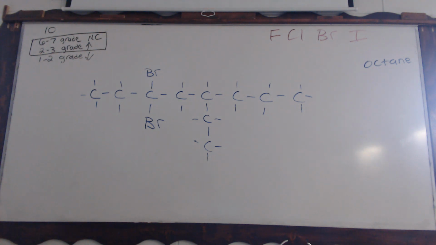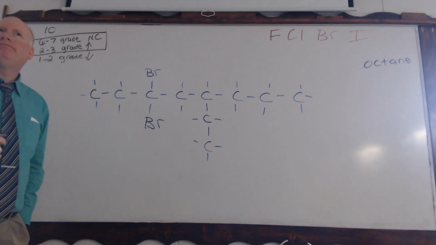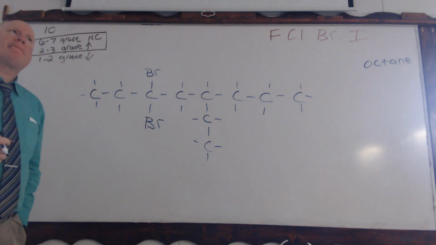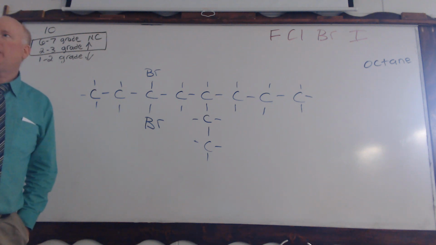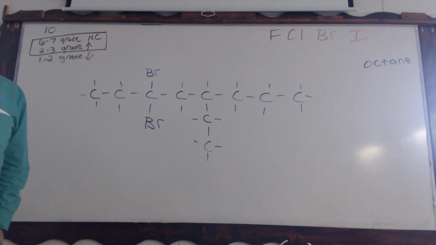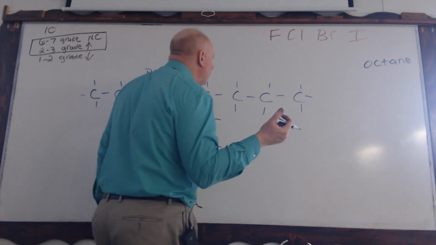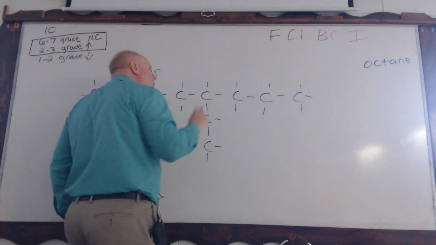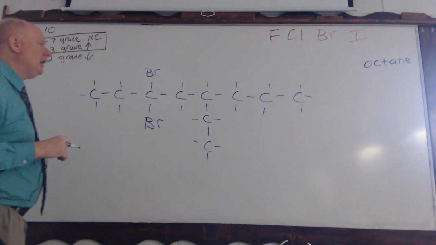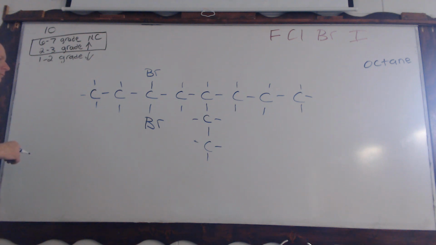No. Can it branch off of chlorine? For an inorganic compound, I believe it can, but not for an organic compound, at least not for our practical purposes. So, what is branching off of that octane? Bromine and an ethyl group.